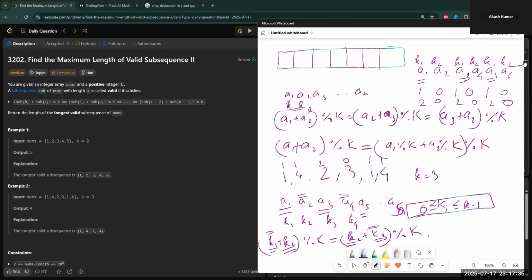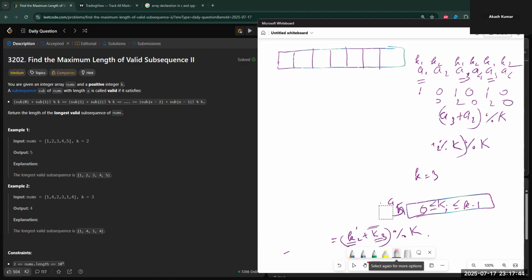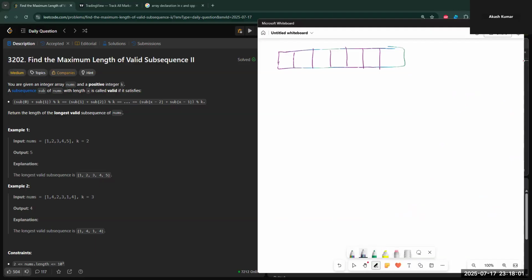Let me erase some part of this. If we go by brute force, that will be quite costly. We prepare every subsequence and check if they have repeated alternating modulo values.